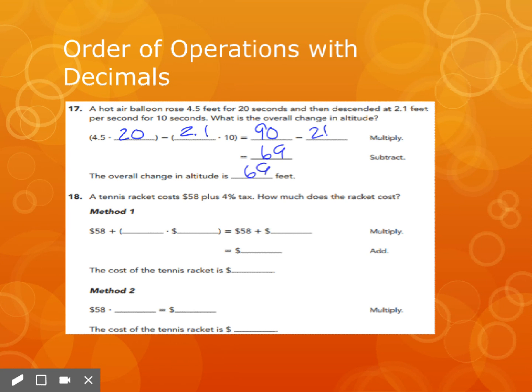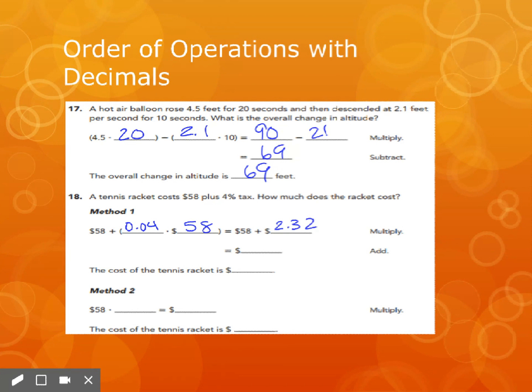Okay, and then number 18, a tennis racket costs $58 plus 4% tax. So we could do either method. First, you can find the sales tax separately. And if you do 0.04 times 58, you get $2.32.